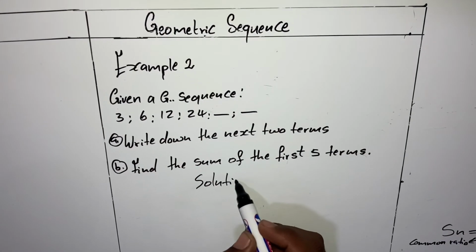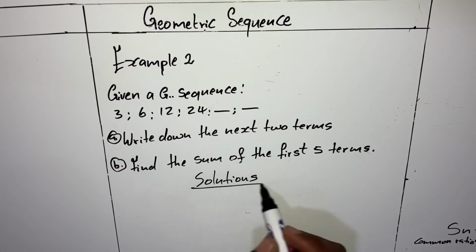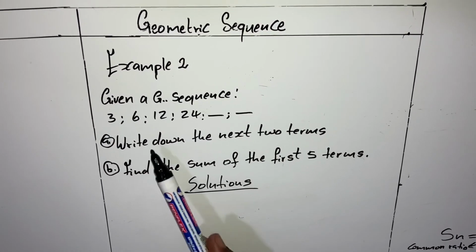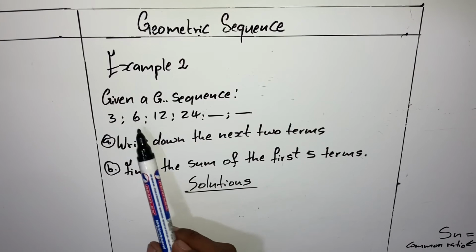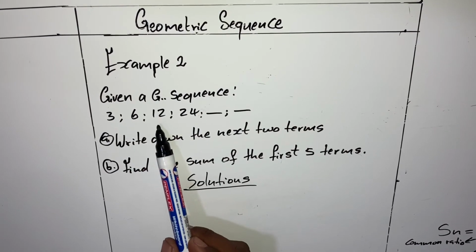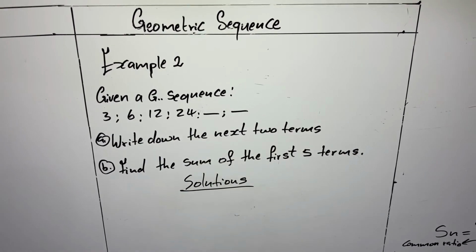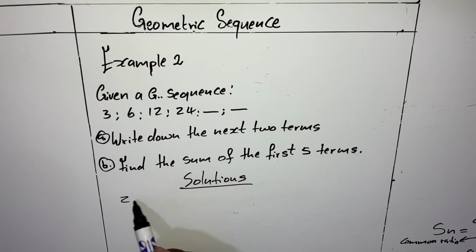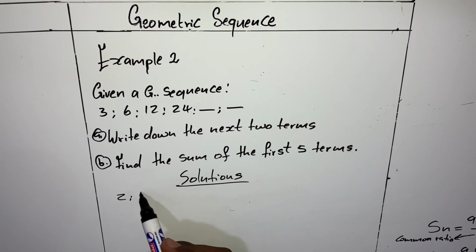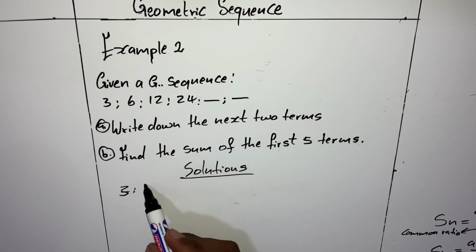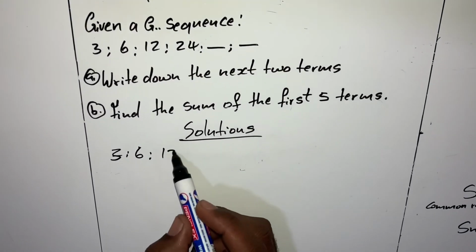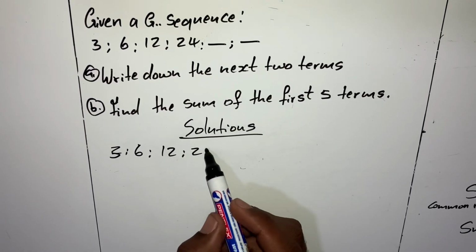Find the solutions for our question. First question, since we're given 3, 6, 12, 24, we can just bring it down to 3, 6, 12, 24.